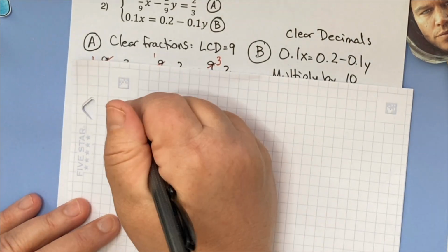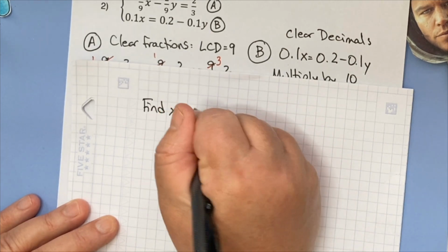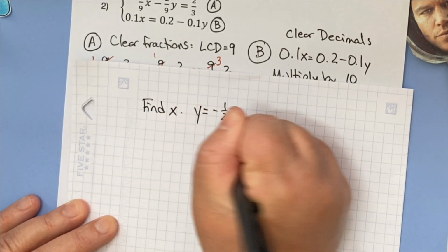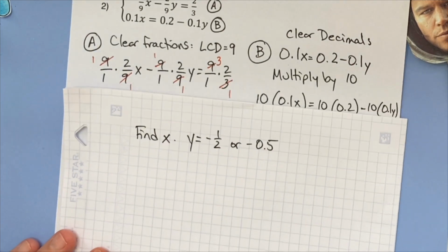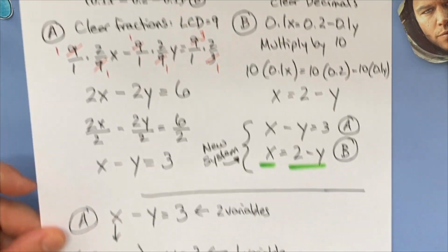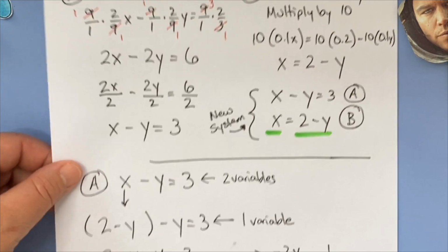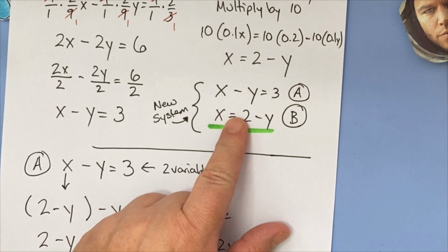Okay, so we're going to find x. We know that y is negative 1/2 or negative 0.5. Now, there's a lot on this page. But I would remind you that the system that we're solving is this one.